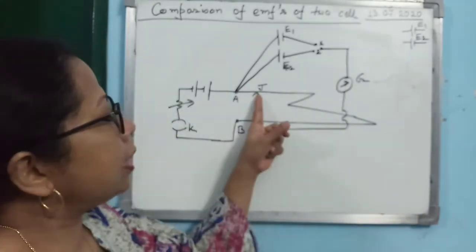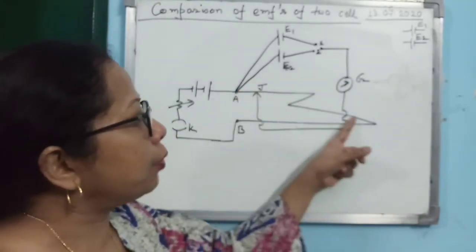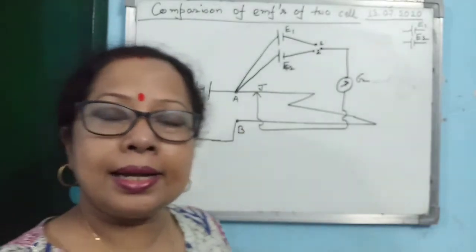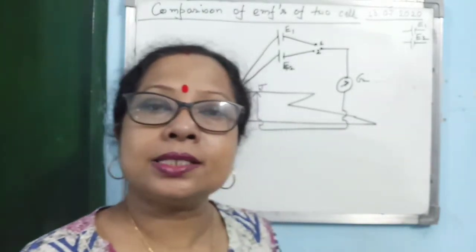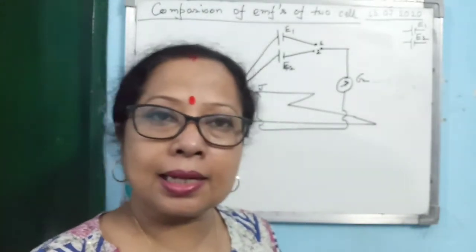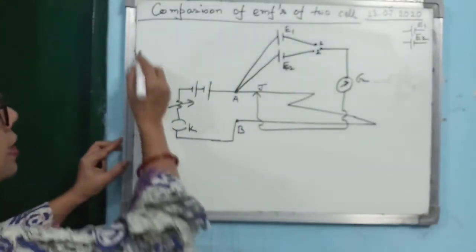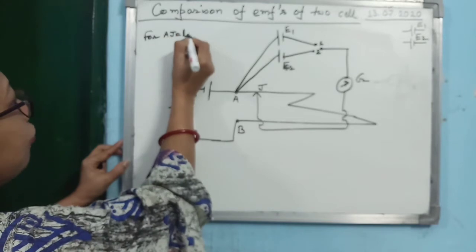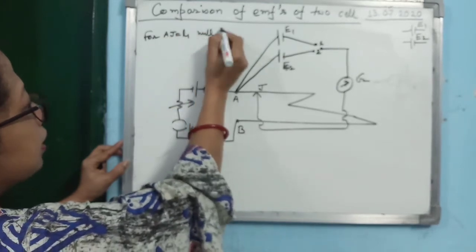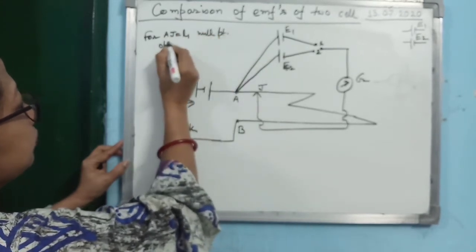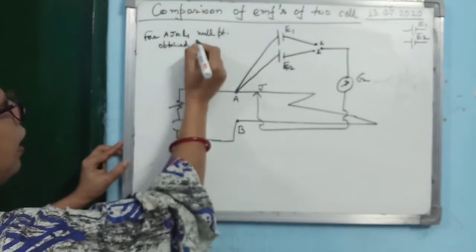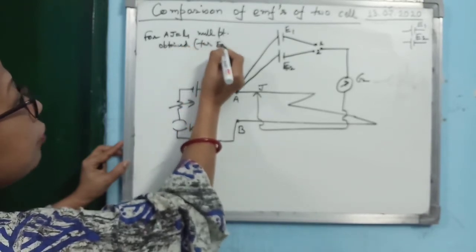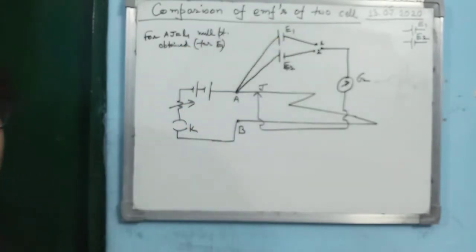Then the jockey is slid over the potentiometer wire until the null point is reached. Is that clear? Now let us consider AJ equal to L1 when the null point is obtained, for the cell having EMF E1.